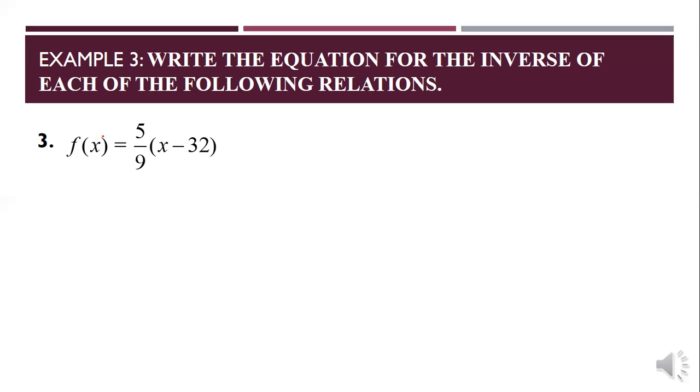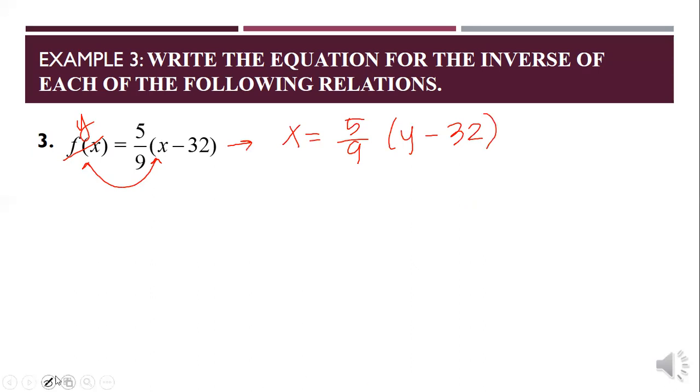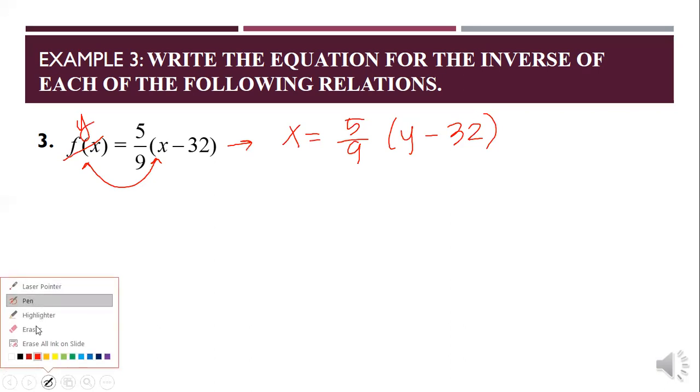Again, f of x is just y. And I'm going to switch the places. So now I'm working with x equals 5/9 times y minus 32. Does anyone remember the inverse operation for multiplying by a fraction?